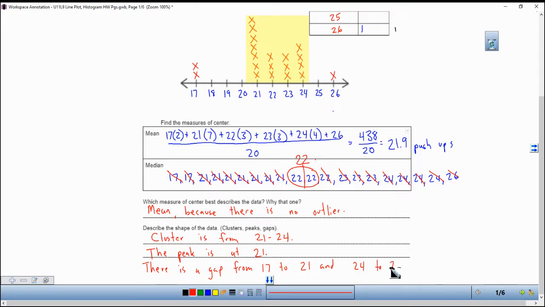So there are the gaps. 2 gaps. The peak's at 21, and there's a cluster of data between 21 and 24. Okay. So the typical number, to answer that question, the typical number is about 21.9. That was the number we used because there's no outlier there.